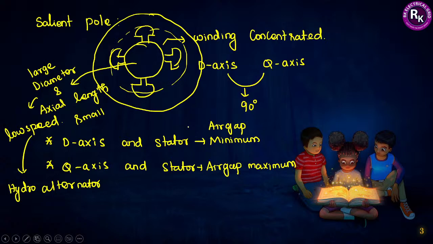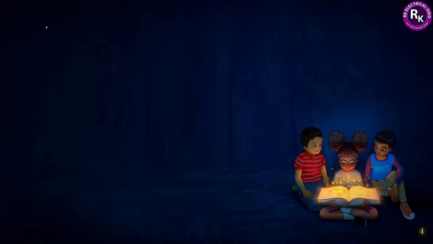Now, let us keep our attention on the voltage equation. When we are taking our synchronous machine, from the vector diagram, I am not bringing the vector diagram here. I am just quickly revising all the concepts.